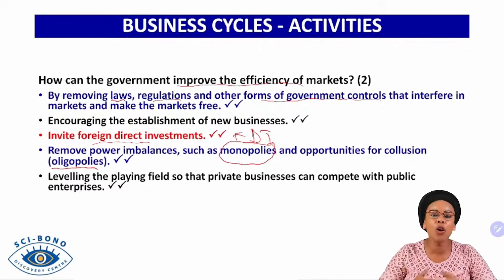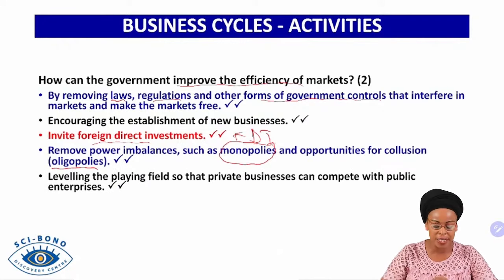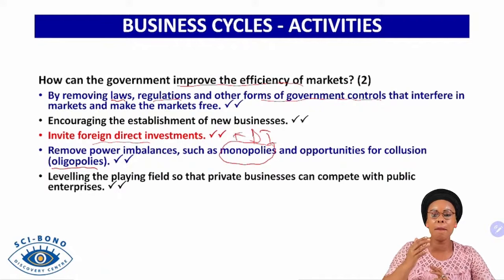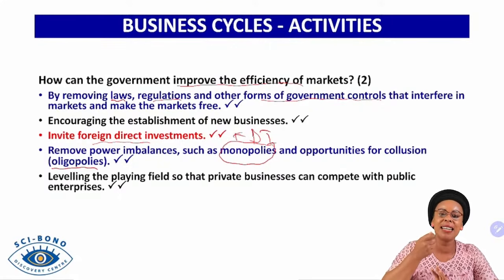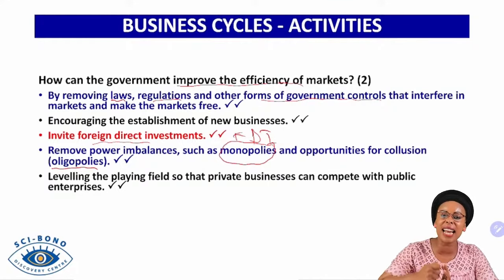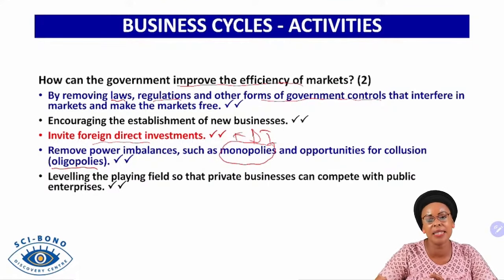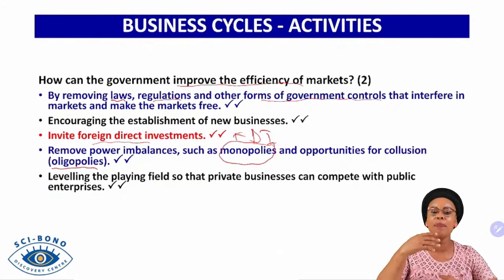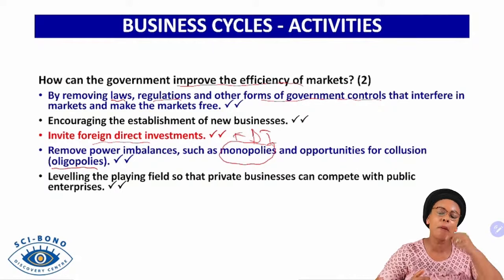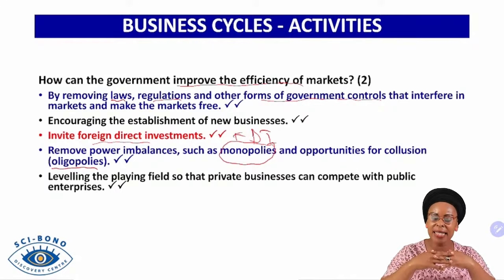The government can also level the playing field so that private businesses can compete with public enterprises. Remember, public enterprises are the state-owned businesses, most of which are not making profit. As a result, they are running at a loss and request financial assistance from the government. So this automatically makes public businesses and the private sector compete.